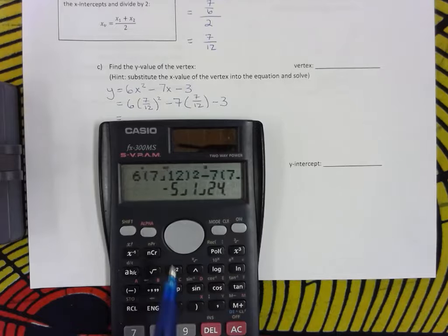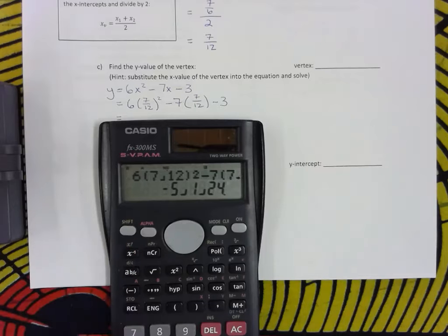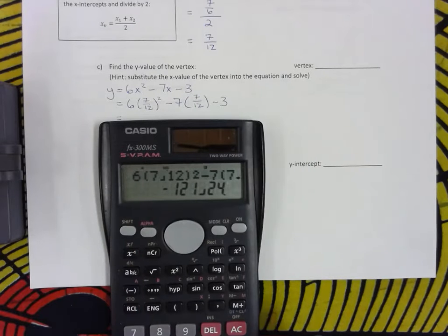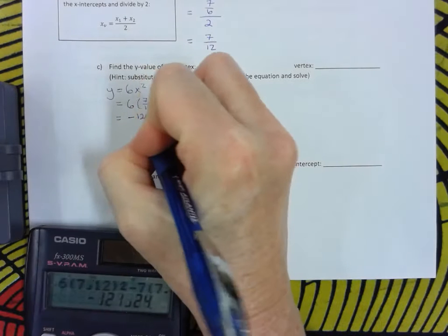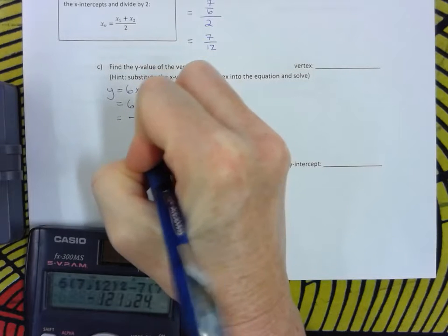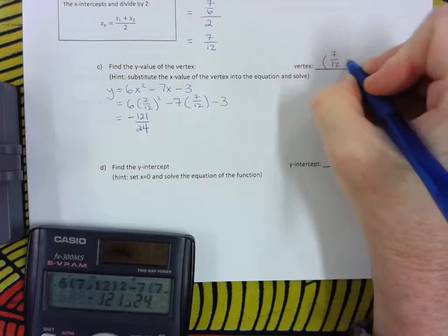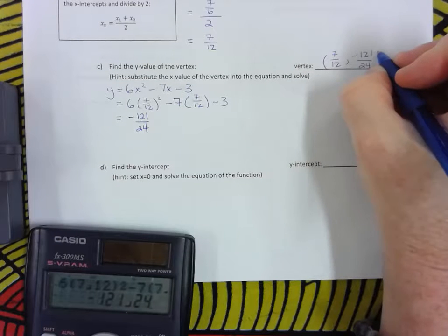And so when I do this, again, it's in the wrong form. So to get it into the right form, I'm just going to hit shift, and then I'm going to hit the ABC button one more time. And so now I get negative 121 over 24. So my vertex then is going to be 7/12 and negative 121 over 24.